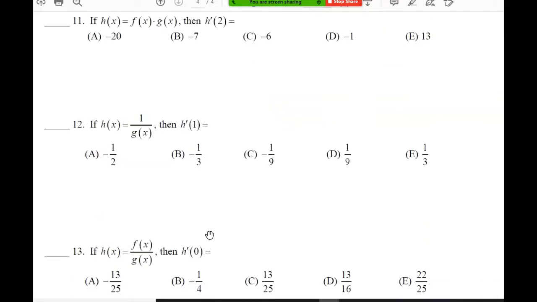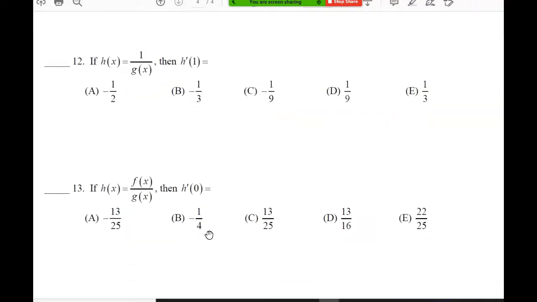And then in 12, it says if h of x equals 1 over g of x. So now in 12, it's testing your quotient rule. So that's HO, so denominator, times derivative of the numerator.